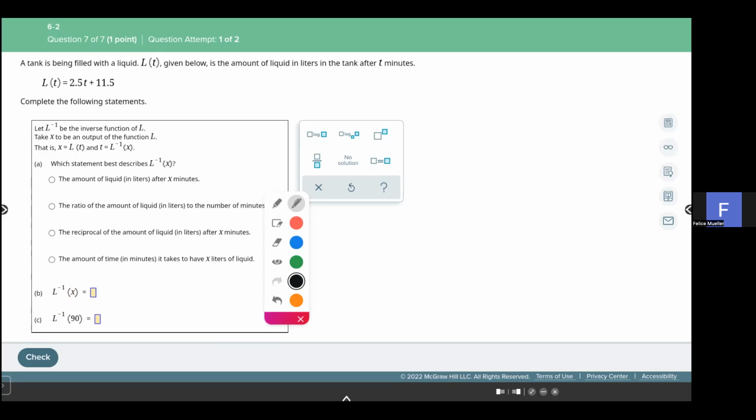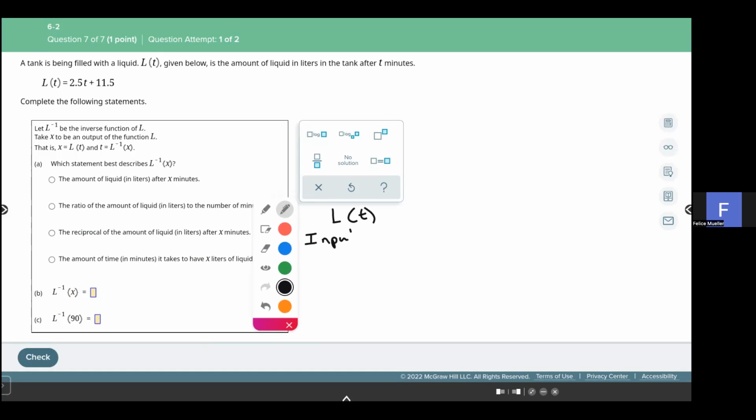So for my original L of t, I want to know what my input is and what my output is. So t is time. That is my input. My output is the amount of liquid.